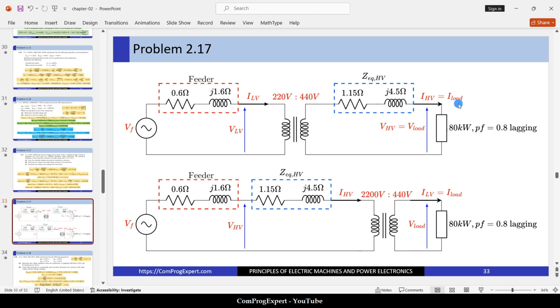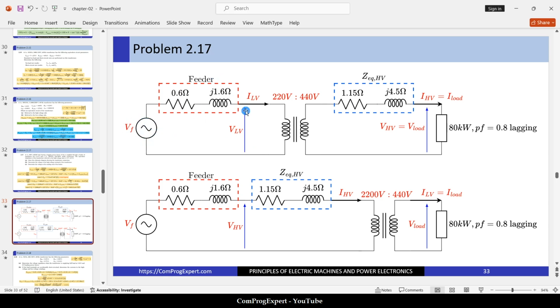This is the load current equal to the current of the high voltage side. In this case, we have this voltage ratio. This is the equivalent impedance of the transformer at the high voltage side. This is the feeder, and this is the voltage of the feeder.